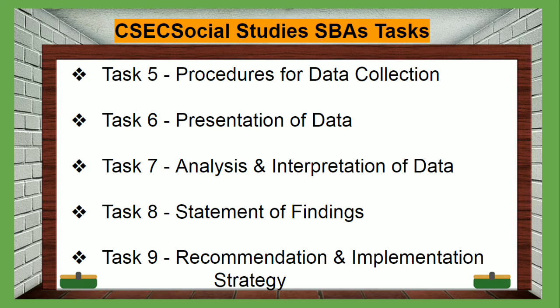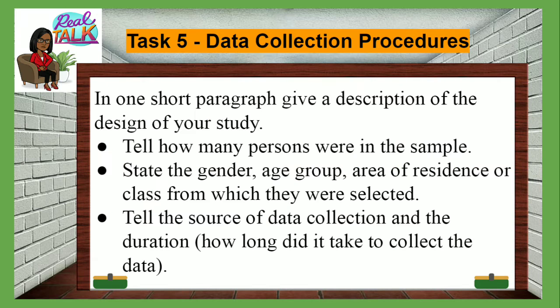In today's video, we are going to explore procedures for data collection, presentation of data, analysis and interpretation of data, statement of findings, and recommendation and implementation strategy. So let's begin with task 5. Task 5 speaks to data collection procedure.